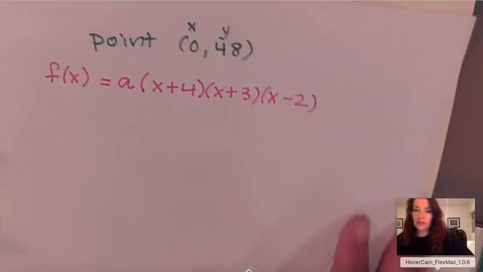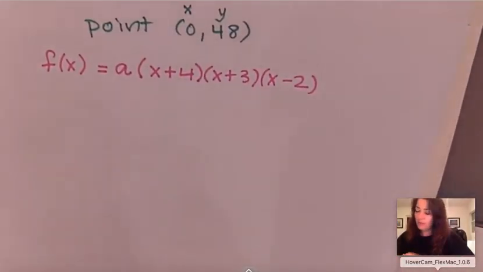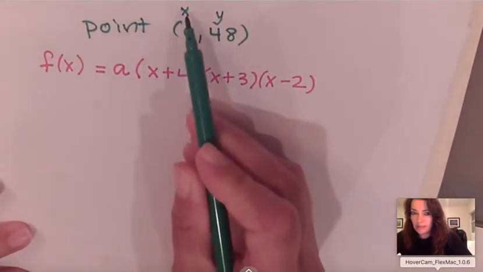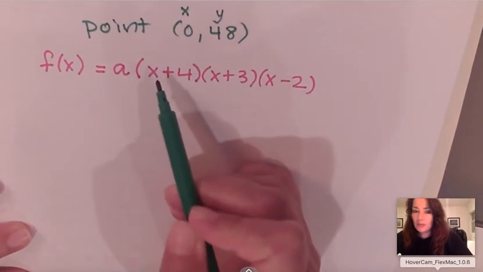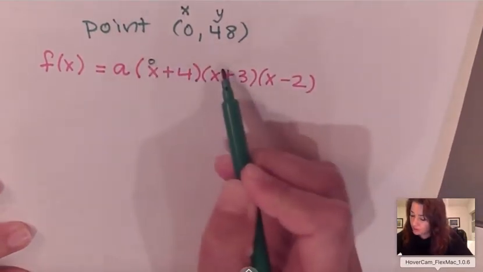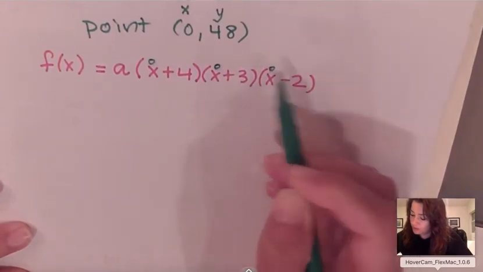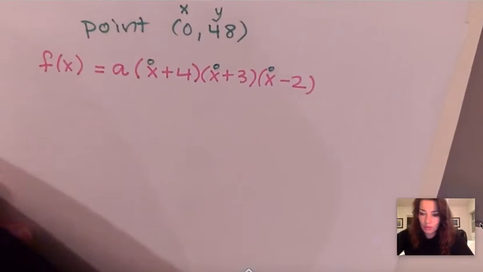All right, so here's our equation, and we're going to plug in the point 0, 48. Remember, 0 represents the x value and 48 represents the y. So I can just plug in 0 for all the x values here. See, this will be a 0, this will be a 0, this will be a 0. And f of x is the same as y, and I'm going to put 48.